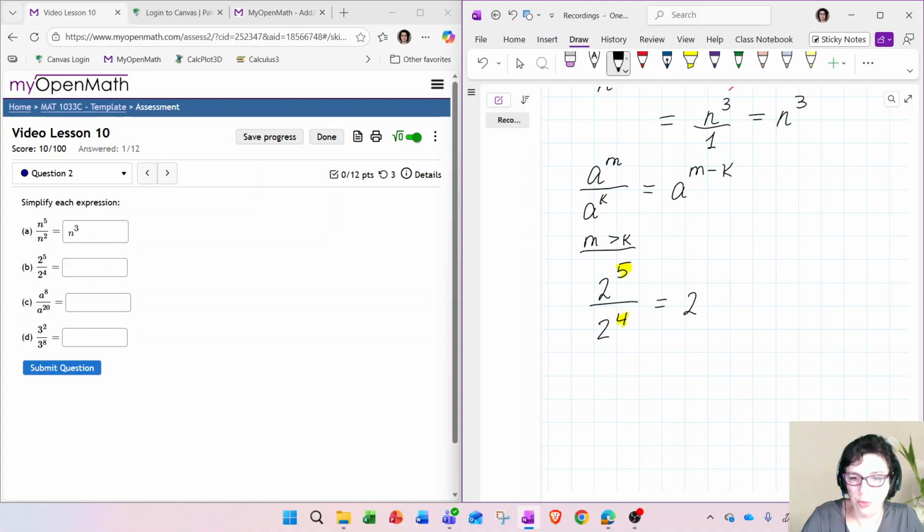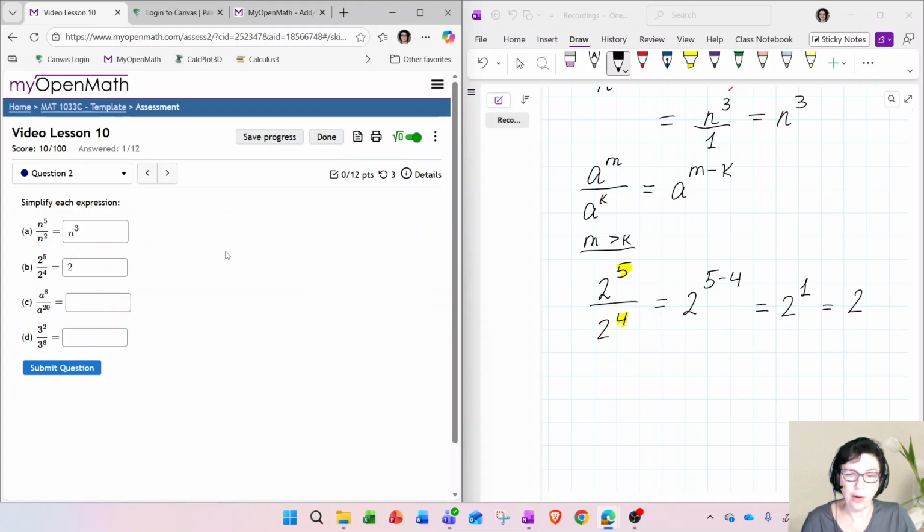And we will get 2 to the power 5 minus 4. We subtract, but that's just 1. And 2 to the power 1 is equal to 2. Multiply 2 one time, that's just 2.